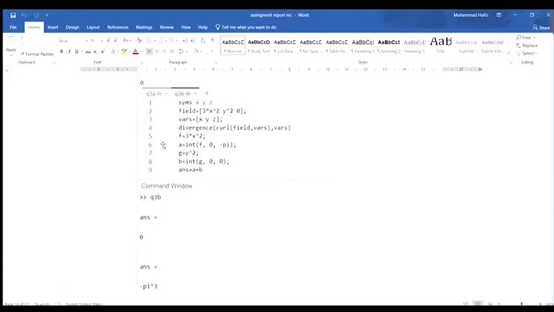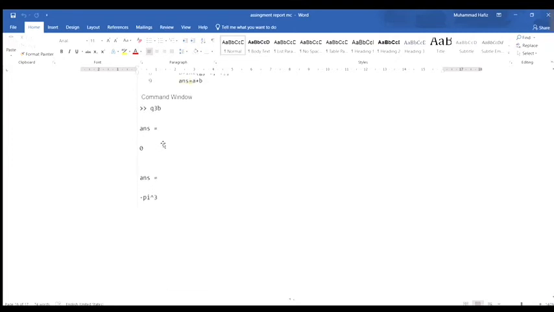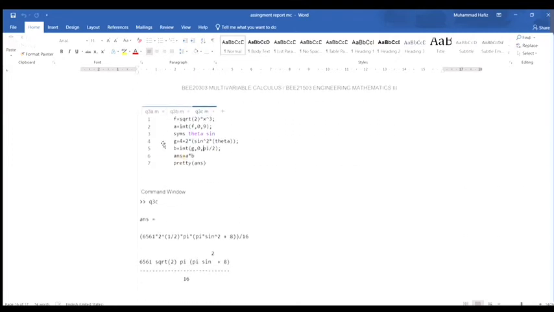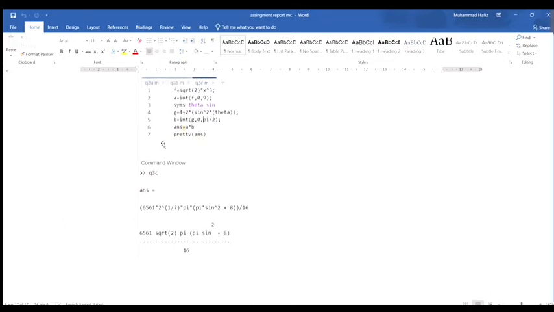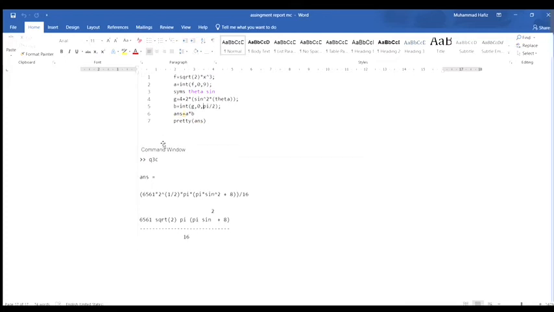After that, with the same curl, field and divergence functions, I get the answer, and it is the same as question 3b. And lastly is question 3c, which is quite the same as my calculation at question 3c.